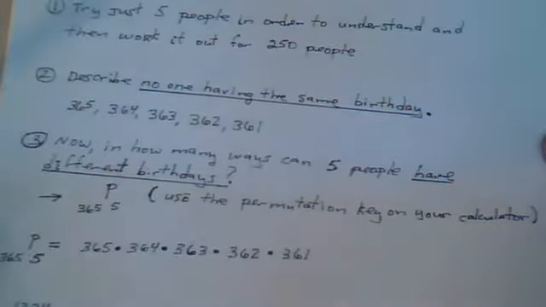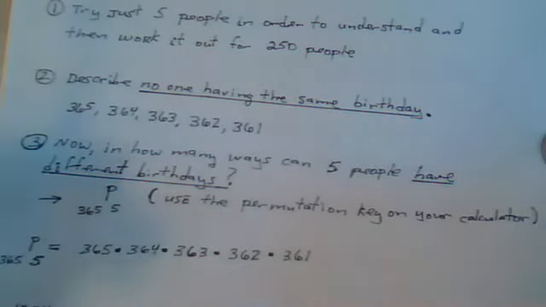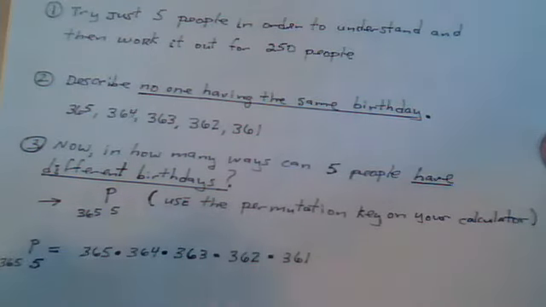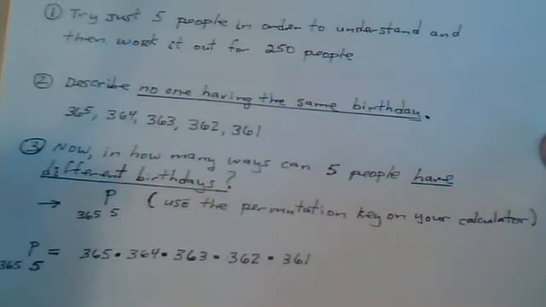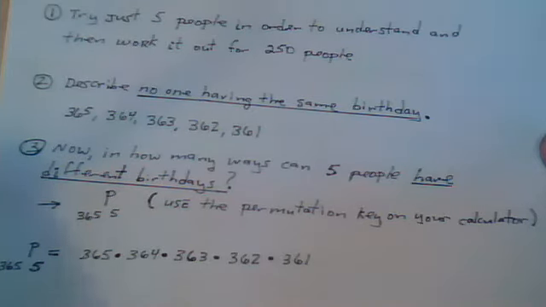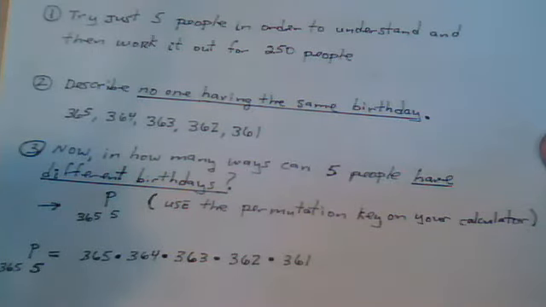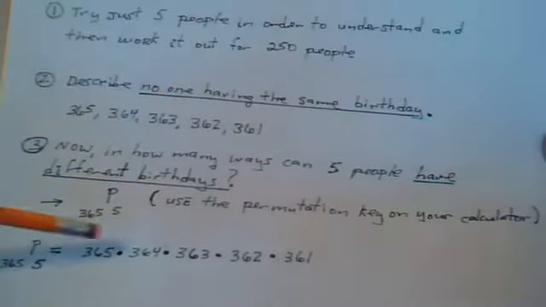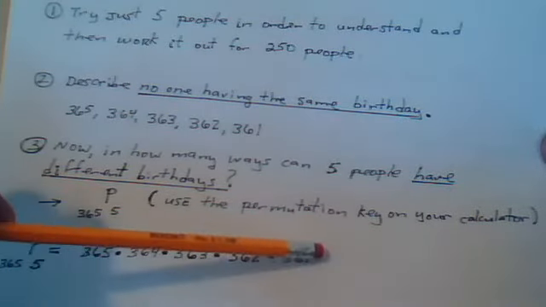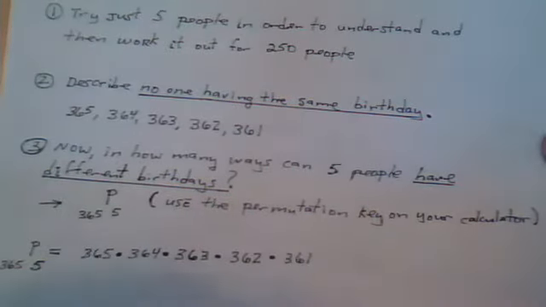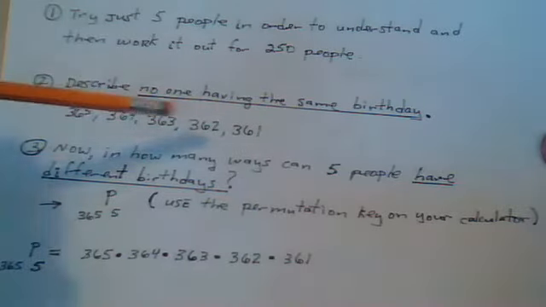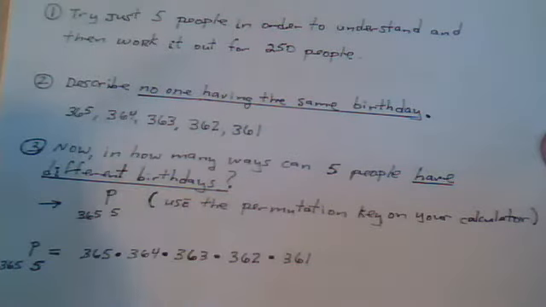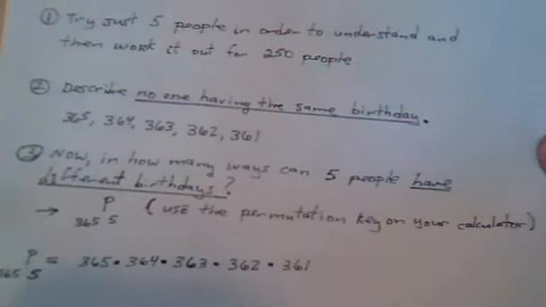If you multiply these, it'll give you in how many ways 5 objects can be arranged from 365 objects available with no repetition. So the number you get from here is how many ways 5 birthdays can be picked such that none of the birthdays are the same.